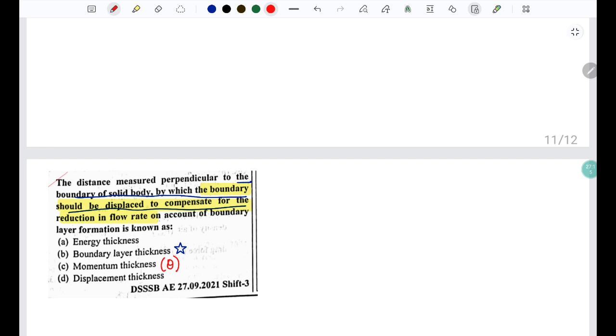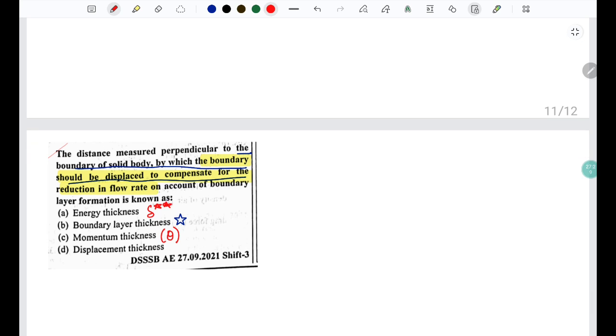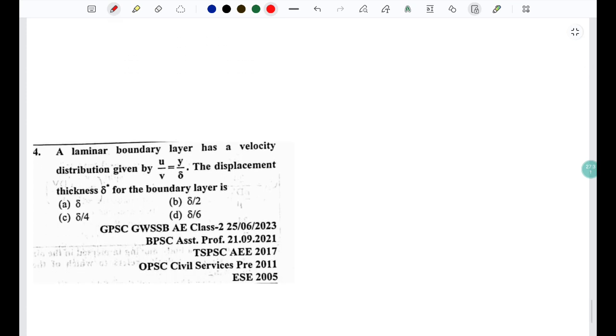If they had said to compensate for the reduction in kinetic energy, then it would have been energy thickness delta star. Again, when you solve it, it comes out to be delta by 2.